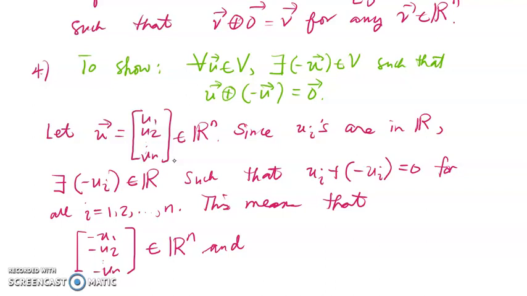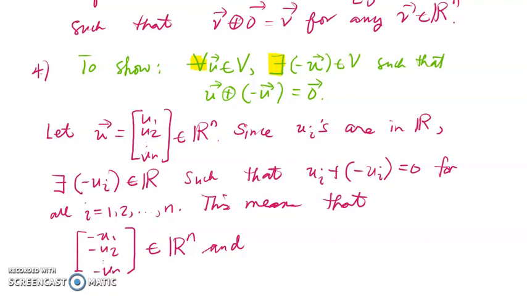So this is for all u, there exists. So we need to find the negative of the vector that we pick in V. So we start with an arbitrary vector or arbitrary element of Rn.